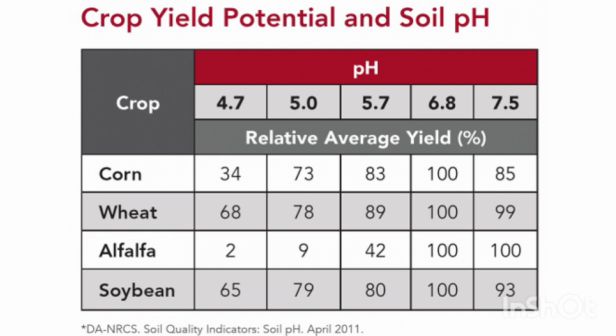This table shows different crop yield potential at different pH levels for maize, wheat, alfalfa, and soybeans. The yield of the crops is very low as the pH level reduces to a more acidic soil. The highest crop yield potential was achieved at a pH of 6.8.